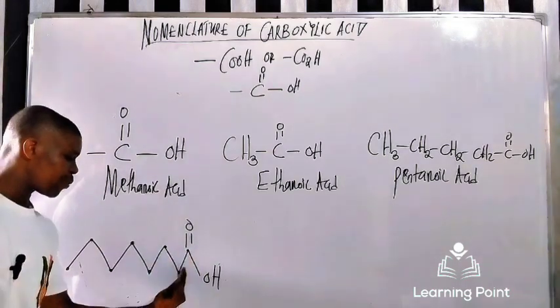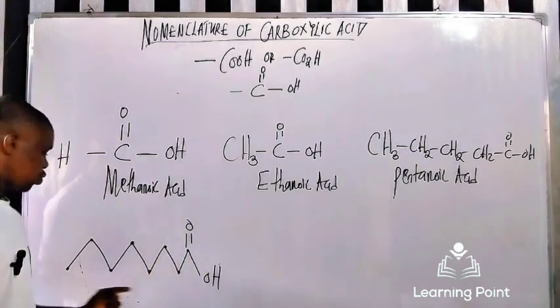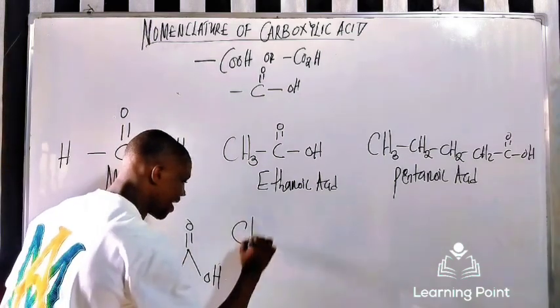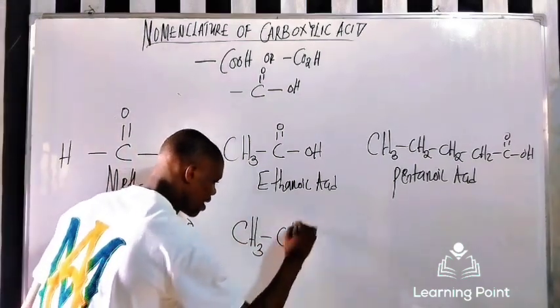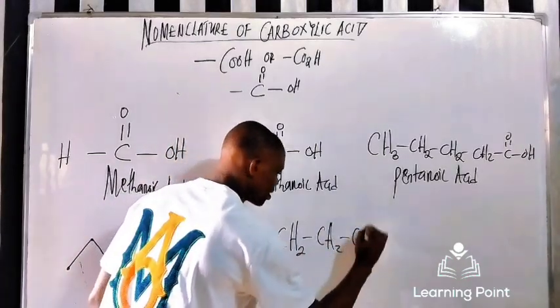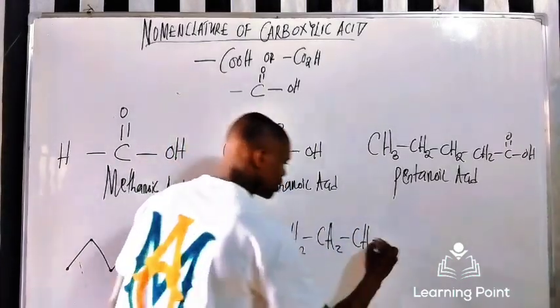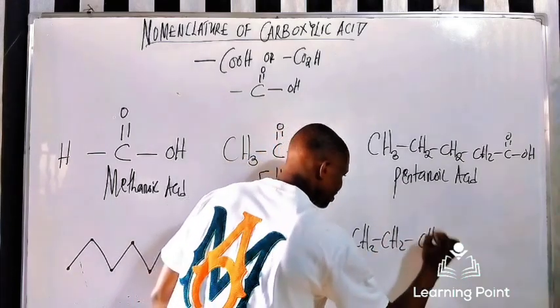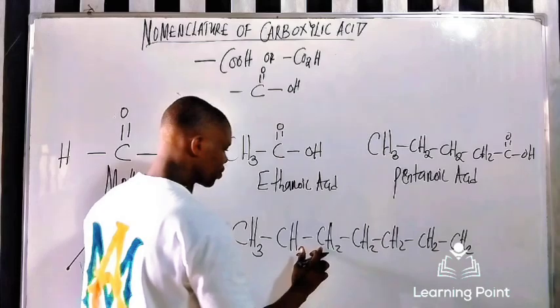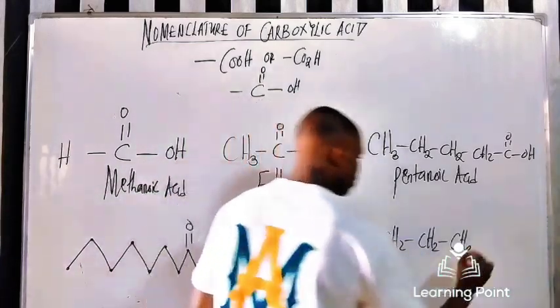All these points here mean carbon atoms. So this one is essentially CH3 1, CH3 2, CH2 3, CH2 4, CH2 5, CH2 6, CH2 7. So you have this one here.